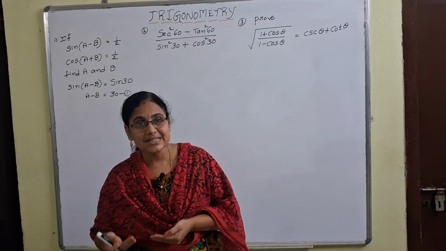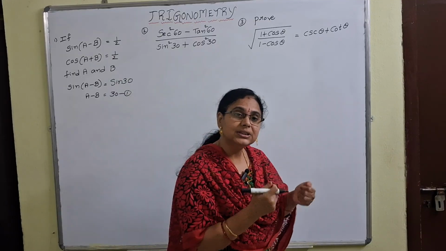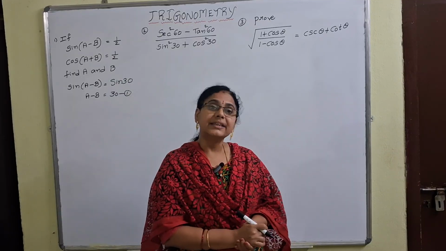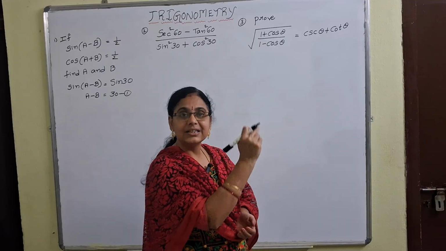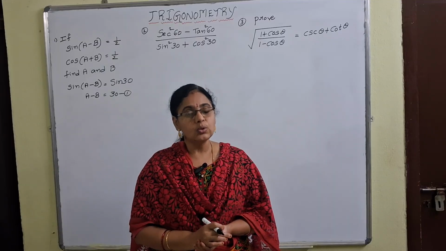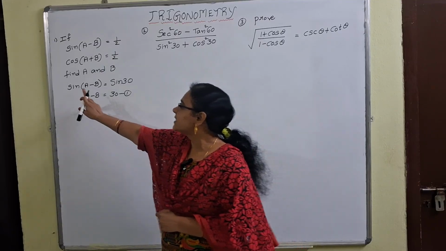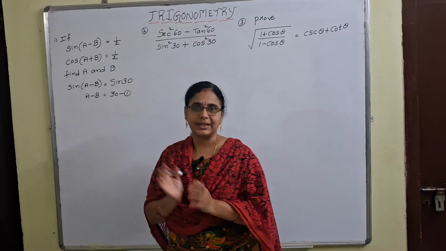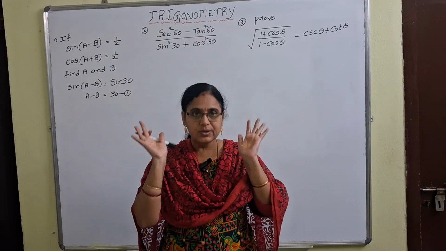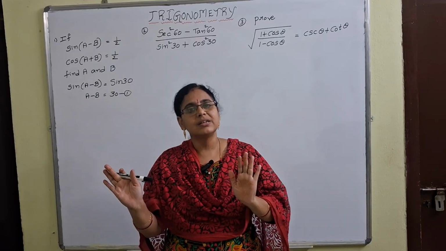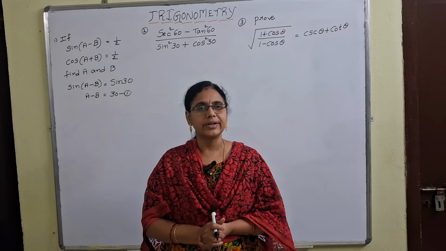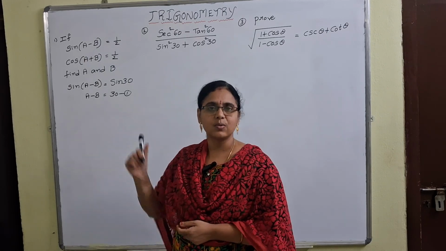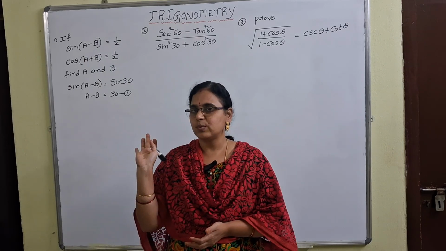Like that here sin transposed to the opposite side becomes sin inverse, then sin inverse and sin cancel. So don't directly cancel, just keep it in your mind. Then write the left part: A - B is equal to 30. First equation we got.